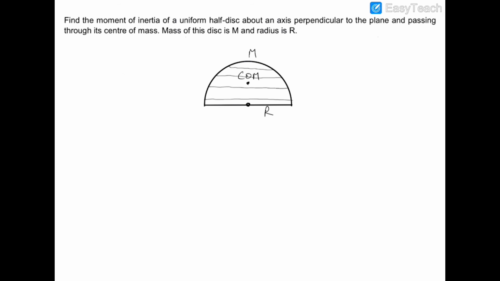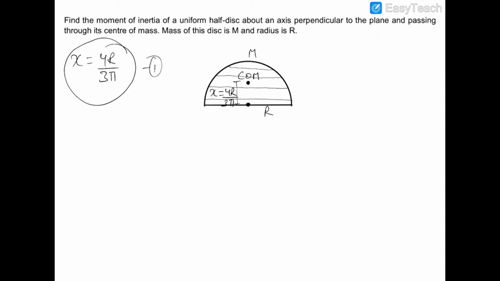Now first of all, we have to locate the center of mass of this half disk, and we know that the center of mass of this half disk is at a height of 4r by 3 pi from this point. So x is equal to 4r by 3 pi. So this is the first step to solve this question.